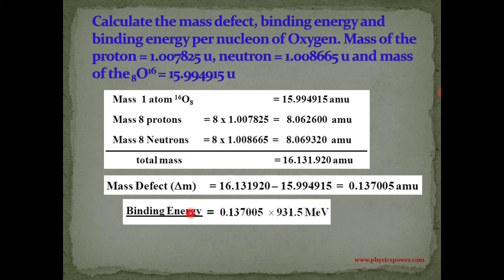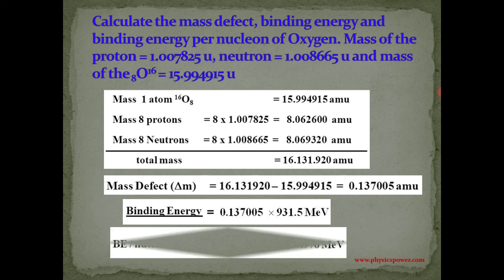Binding energy is delta M into C square, but in the units a C square will come, so C square gets cancelled. Simply, 1 AMU can easily be converted into MeV by multiplying with 931.5, or 931.6 approximately. So AMU mass equivalent to energy you can get by multiplying with 931.5 MeV. If you multiply, you will get the binding energy as a particular value.